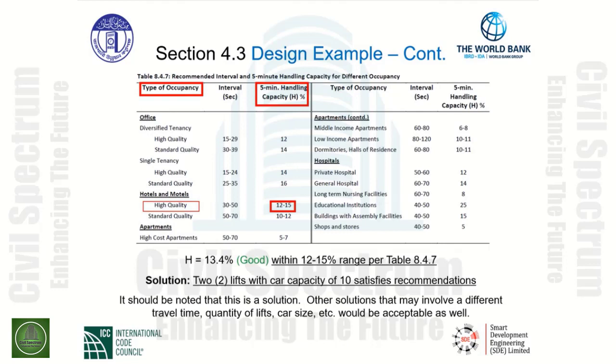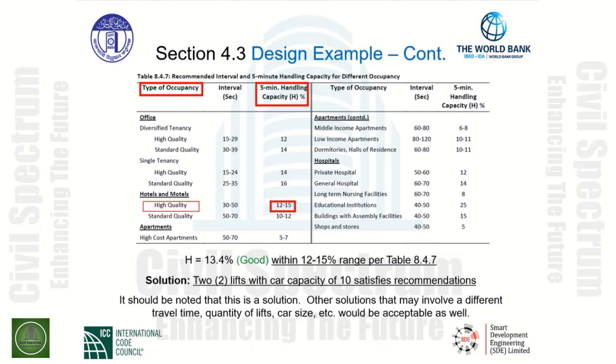Referencing table 8.4.7, the type of occupancy column, we follow to the hotels of high quality, and we move to the third column, which gives us the 5-minute handling capacity in percentage.